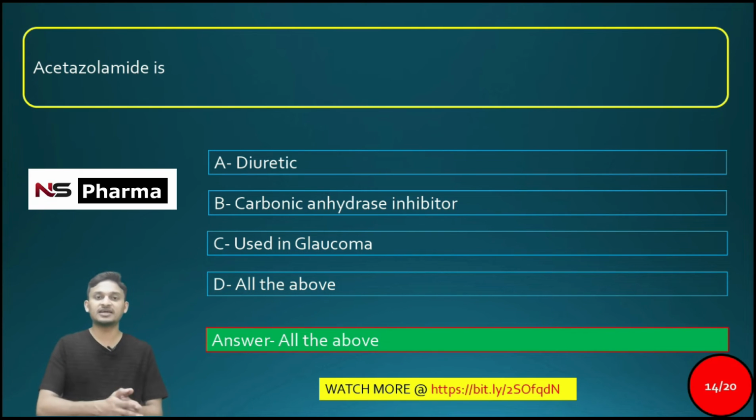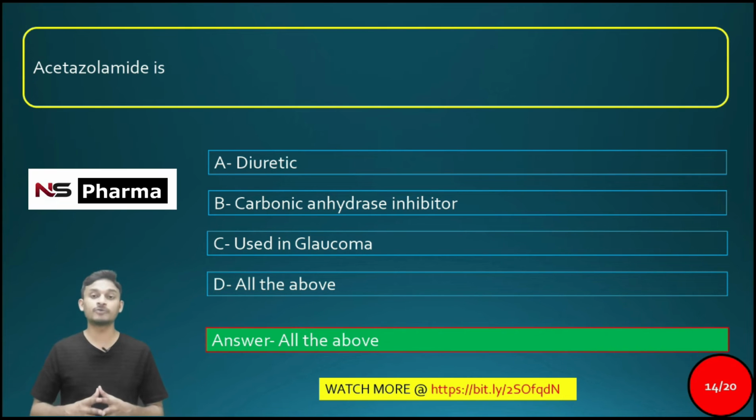The other weak diuretics are osmotic diuretics and potassium sparing diuretics. Potassium sparing diuretics examples are spironolactone, amiloride, triamterene, and eplerenone. These are the different drugs coming under potassium sparing diuretics.